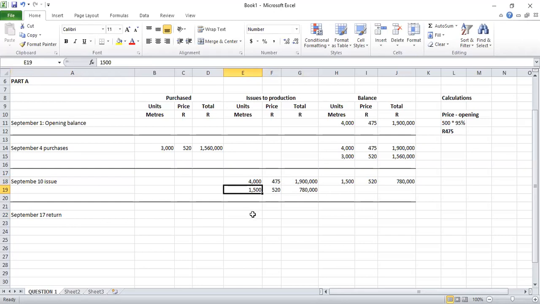So we'll put it under the issue as a minus 500 at 520. Then our balance in stores will now be the 1,500 plus the 500. Remember, when production returns to stores, the goods in the stores will increase. So the goods will now be 2,000 at 520.